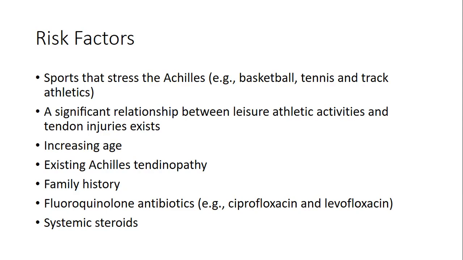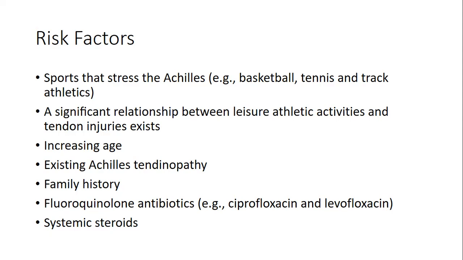The other issue is family history, if it may run in the family. There are also some antibiotics, like fluoroquinolone, that predispose people to tendonitis.